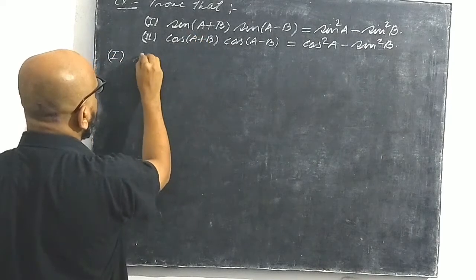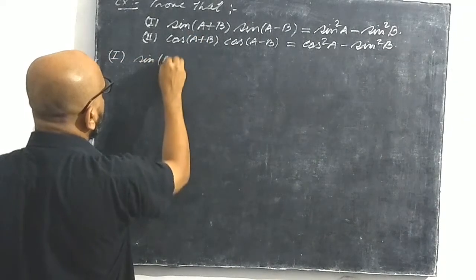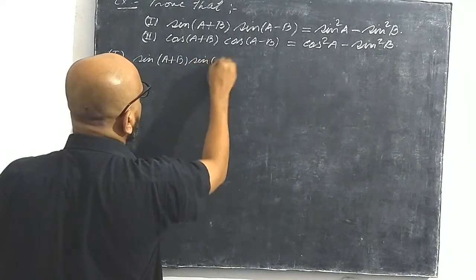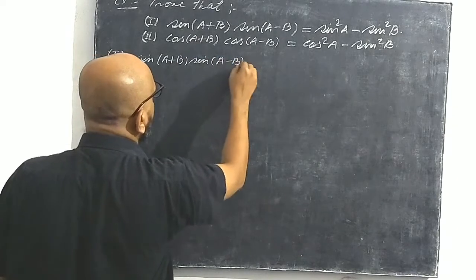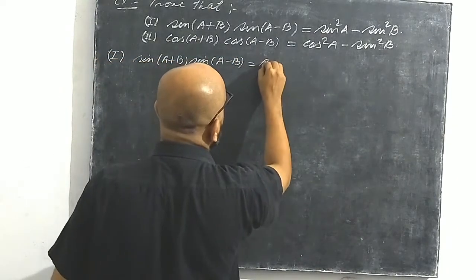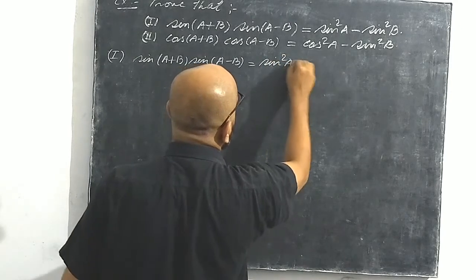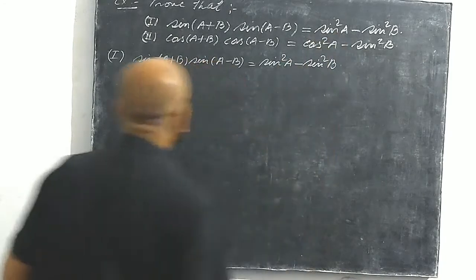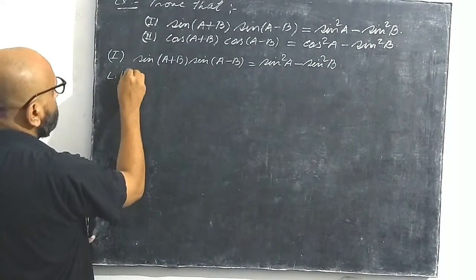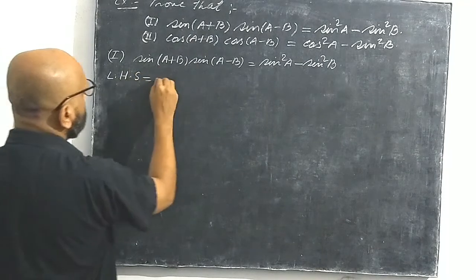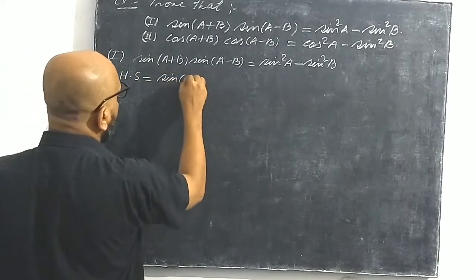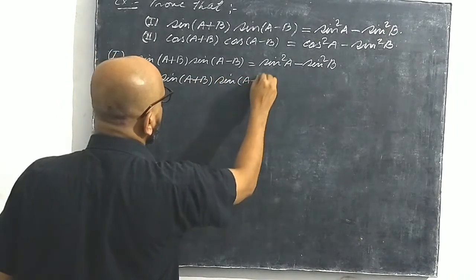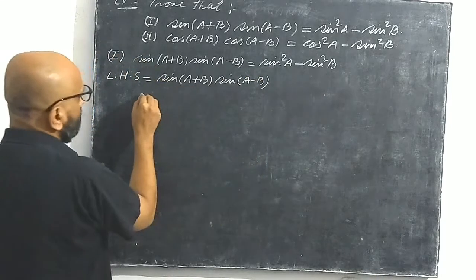First is sin(A+B) into sin(A−B) is equal to sin square A minus sin square B. So let's take the left hand side, which is sin(A+B) into sin(A−B).